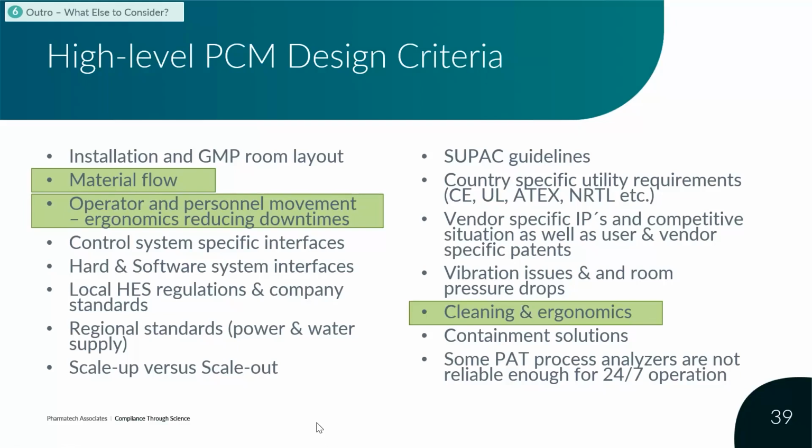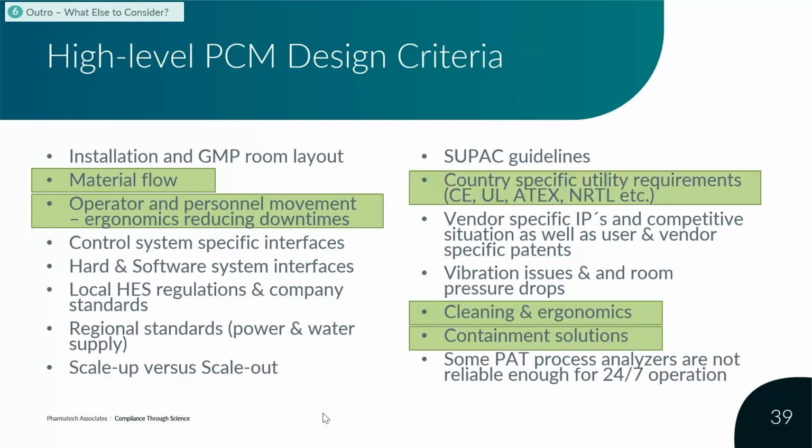Cleaning ergonomics, I mentioned it. It can be reduced. And containment solution, of course. Containment is a topic in its own right, but we see today also that these PCM solutions are going into a containment level OEB 4 to 5. So this is not a dream; it's happening. It's installed.